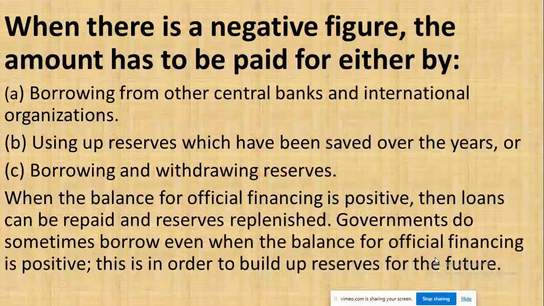Now, lastly, let's talk about this. When there is a negative figure, what happens? The amount to be paid can either be borrowed from other central banks or international organizations, such as the IMF, and other international monetary organizations. Then there is using the reserves, which have been saved over the years.